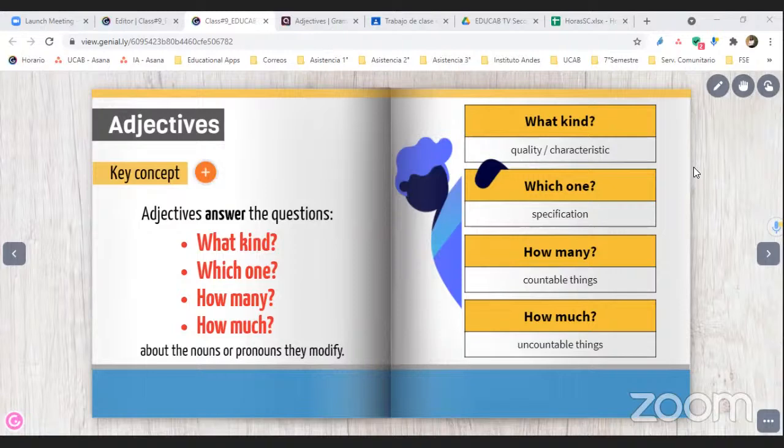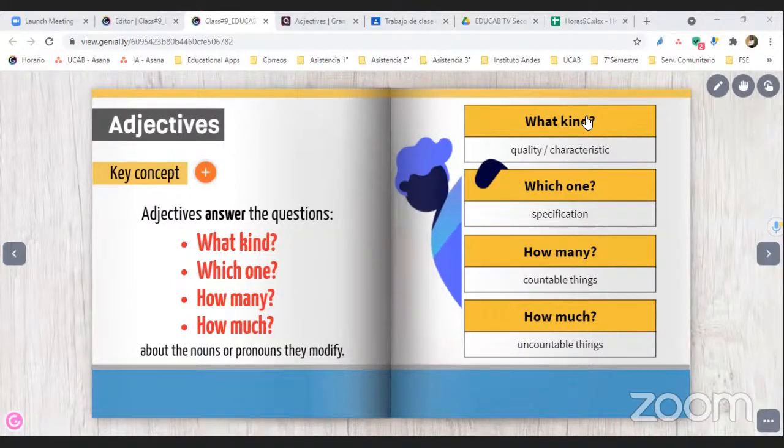How many is for countable things. So when we use an adjective for countable things, the adjective answers the question, how many? And when we have uncountable things, things that we cannot count, the adjective is answering the question, how much?